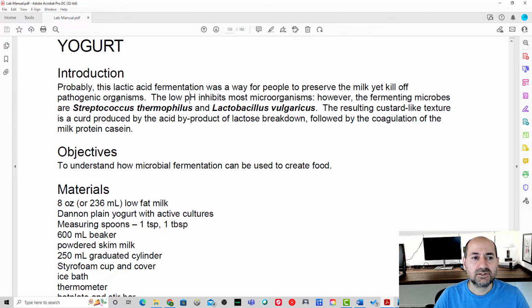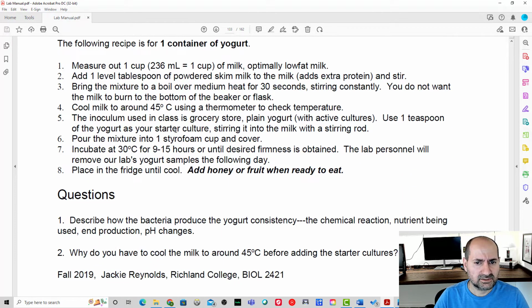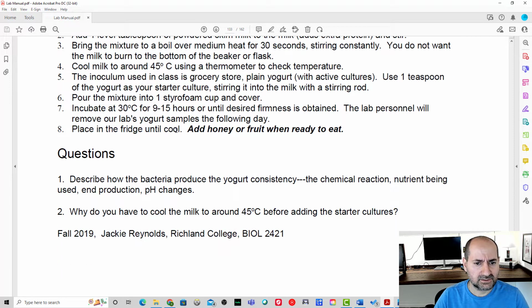All right, now with regard to the yogurt lab, recall that it was Streptococcus thermophilus as well as Lactobacillus bulgaricus that were the two major species of bacteria for lactose breakdown in the milk, producing the yogurt. Other than that, there's really not much more meaty material here.